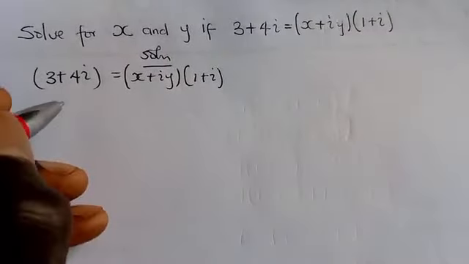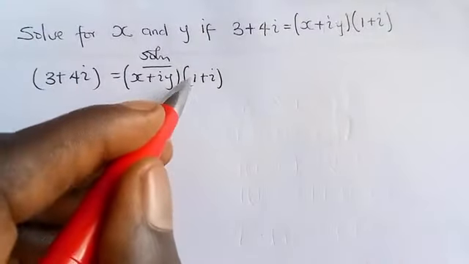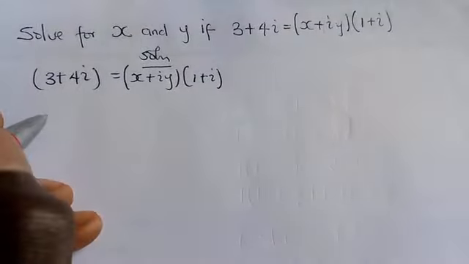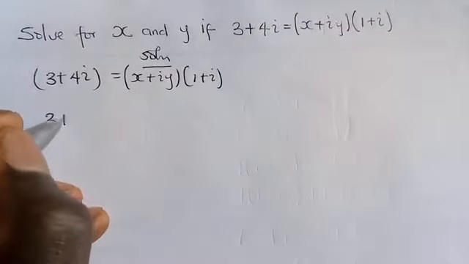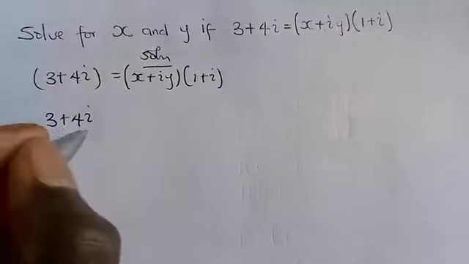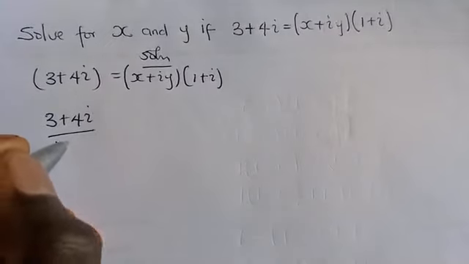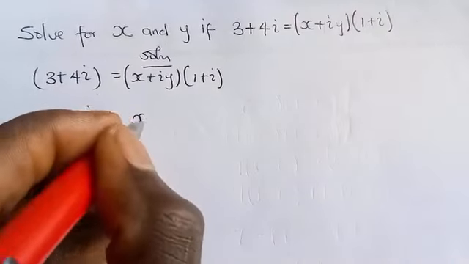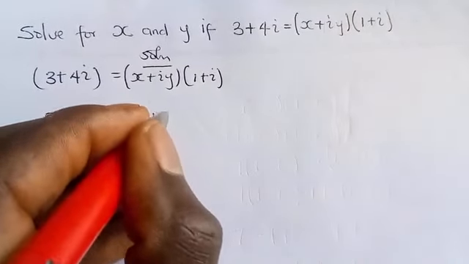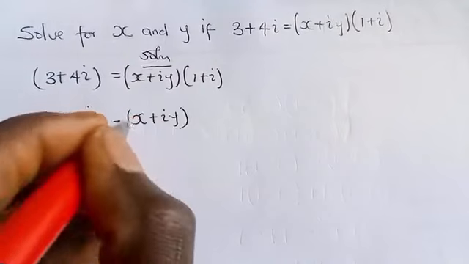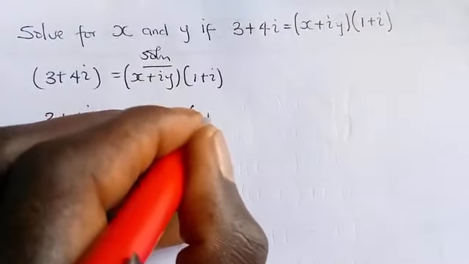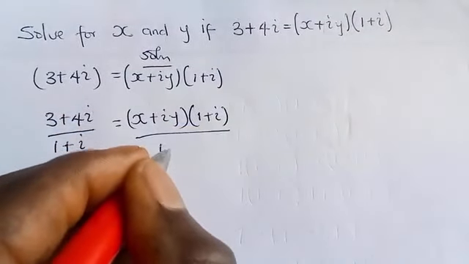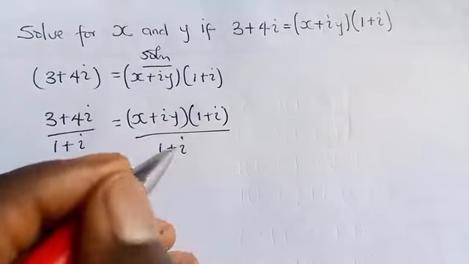So the first thing to do here is to divide both sides by 1 plus i, so that we have 3 plus 4i divided by 1 plus i equal to x plus iy times 1 plus i divided by 1 plus i.